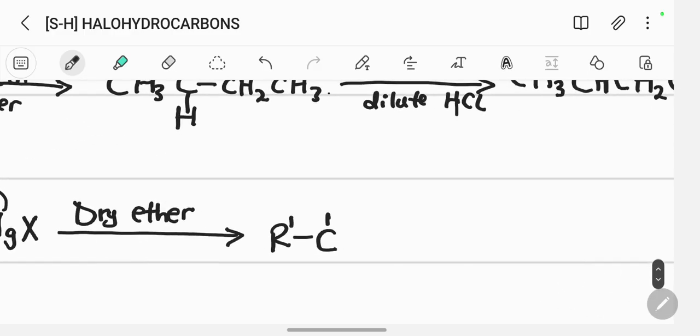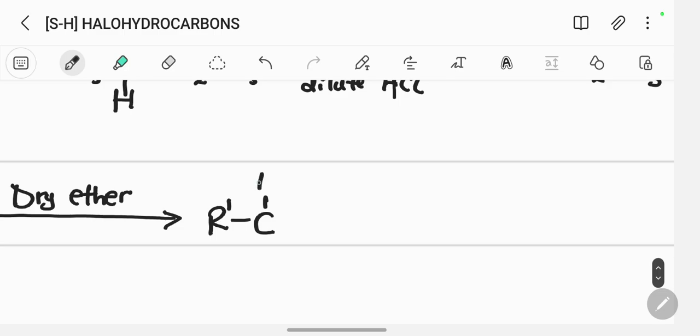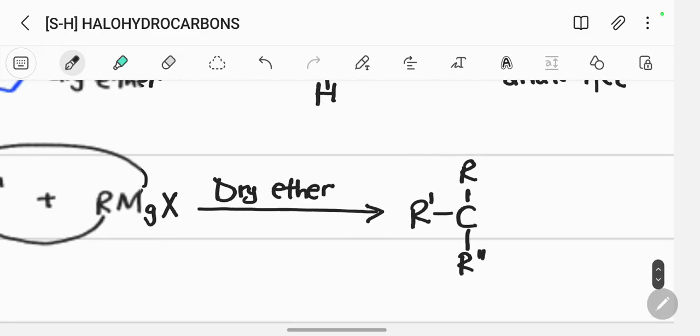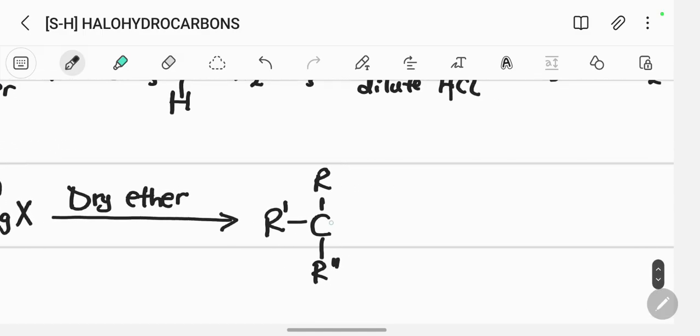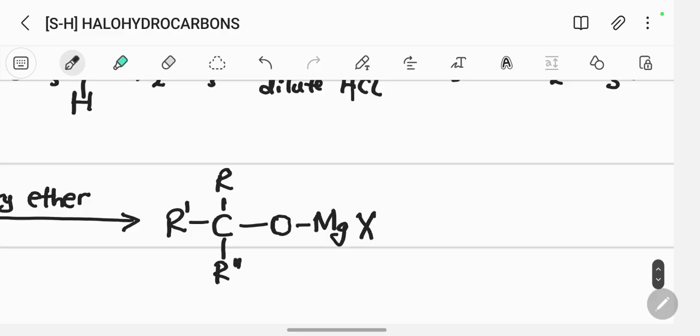It means that this gives us R and our R prime prime. Then the oxygen atom, then magnesium, and the halogen.